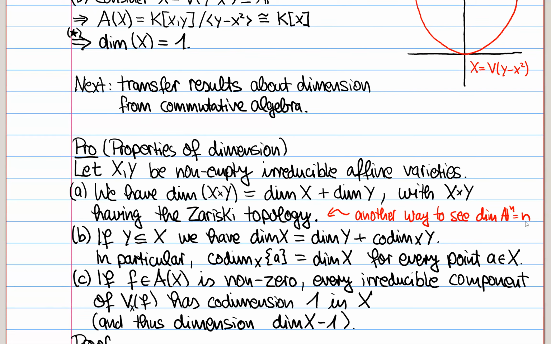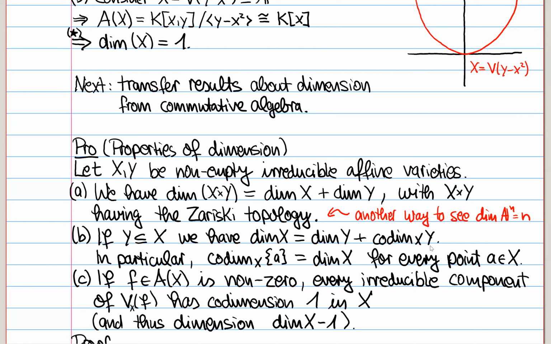Then secondly, there should be a relation between dimensions and codimensions. So if Y is a subvariety of X, then we have the dimension of the big thing is equal to the dimension of the subvariety plus the codimension of the subvariety.